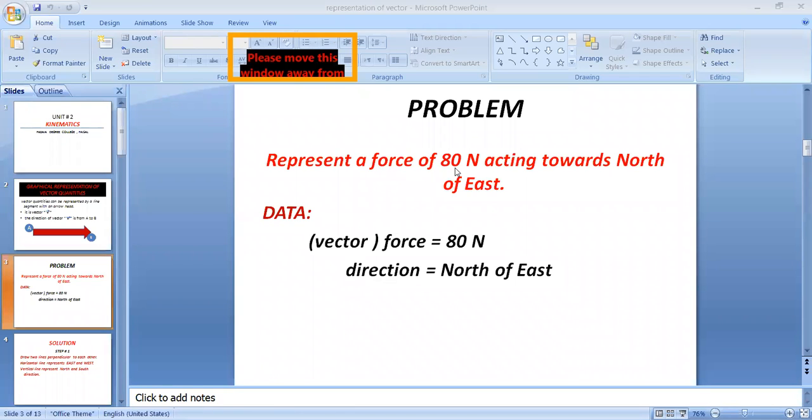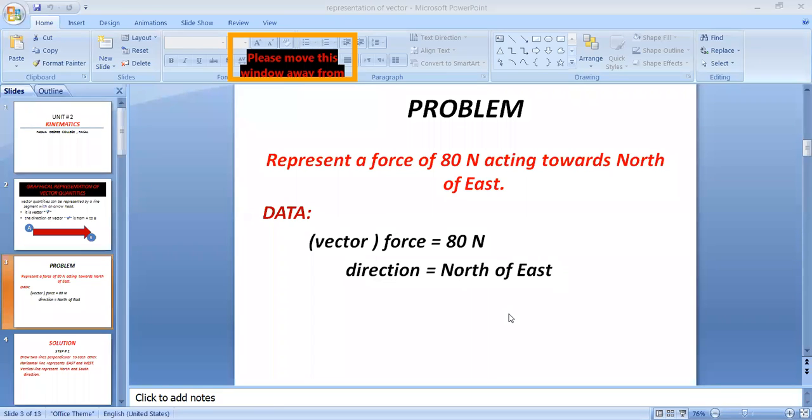A force of 80 Newton is given in the question. Towards north of east is also given in the data. And you have to draw a vector quantity in the direction of north of east. So force, a vector quantity, is equal to 80 Newton, and the direction is north of east.